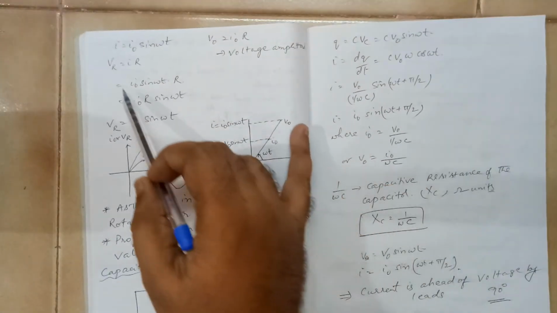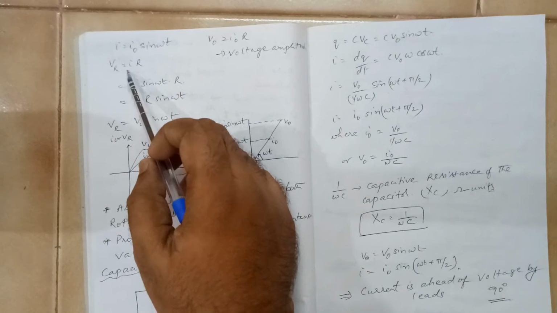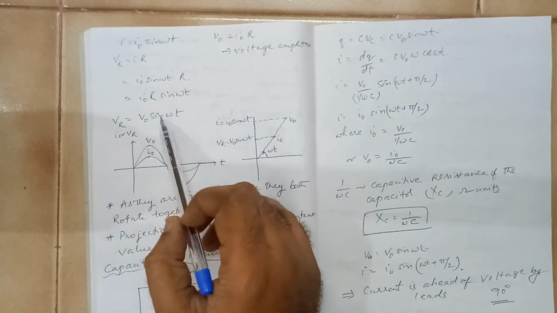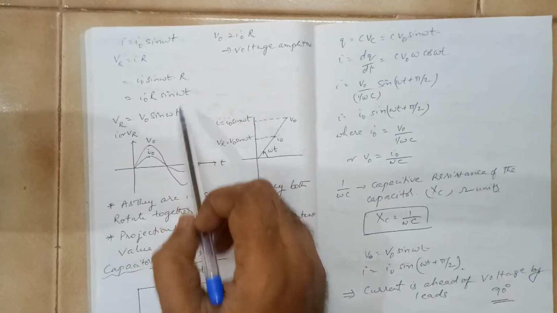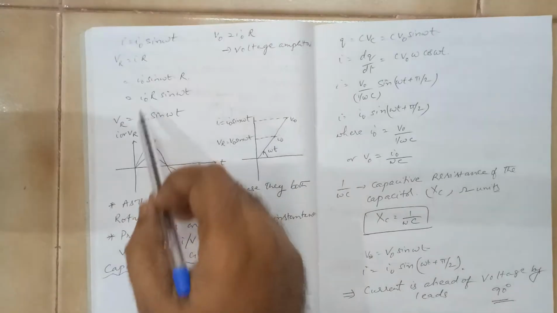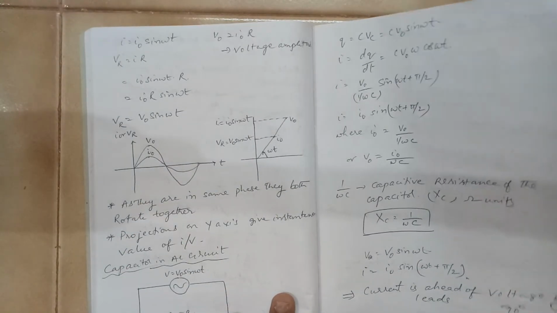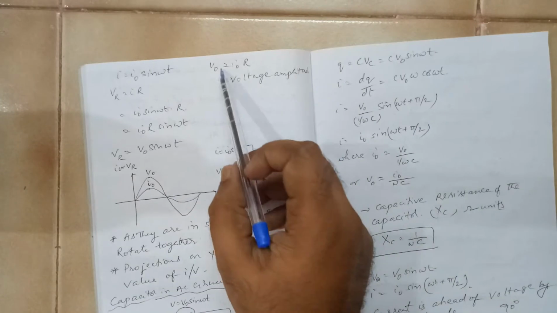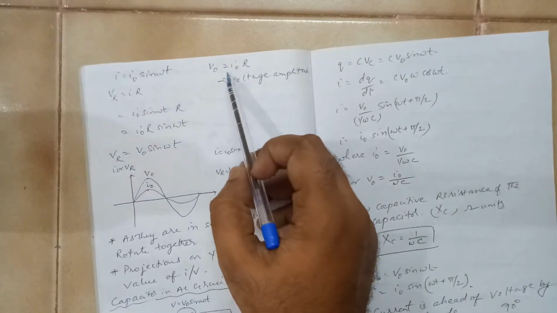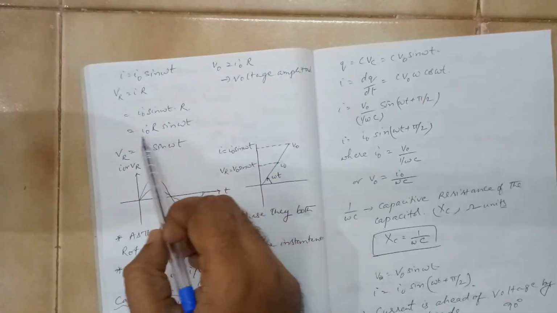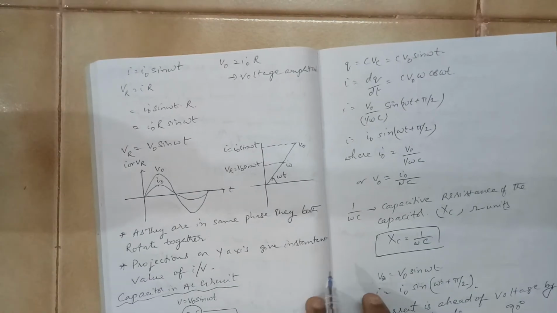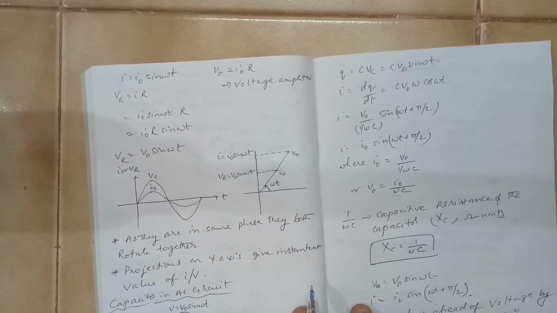So VR = IR. Putting in the I value, you get I0R sin ωt. This I0 is the peak current, so we can write the peak voltage V0 = I0R. We are just writing this term as V0, which is the voltage amplitude.